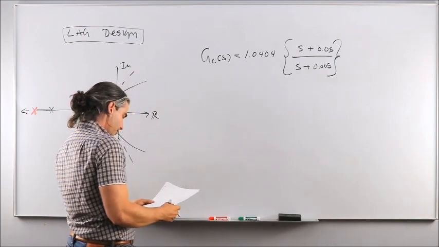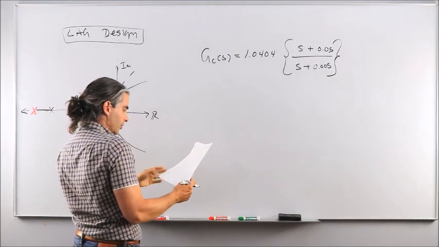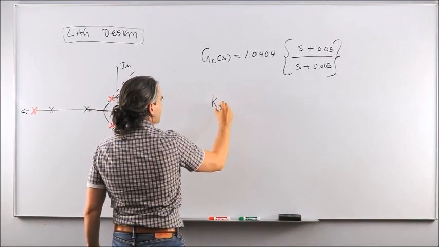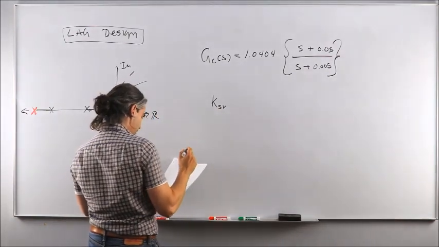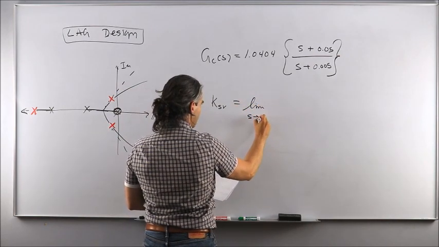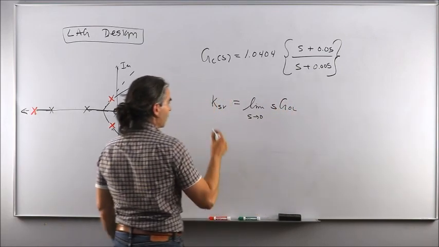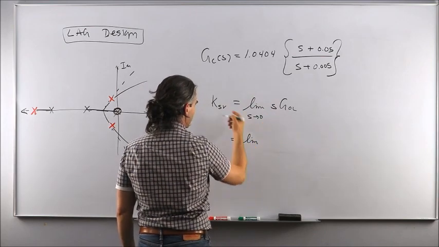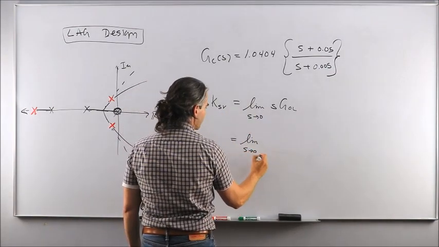Okay, either you trust that you've done a good job and a good design, or what you could do here is to do a quick sanity check on the value of KSV that you would get now with this additional compensator. Okay, so let's do a quick check. KSV, as we saw in previous lectures, is the limit of S towards 0 of S times G open loop. Well, our new open loop better include our compensator, otherwise we would simply end up with the previous KSV we had, which was 1.06 over 2, which wasn't good enough.